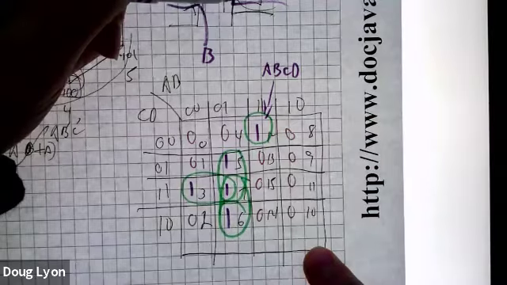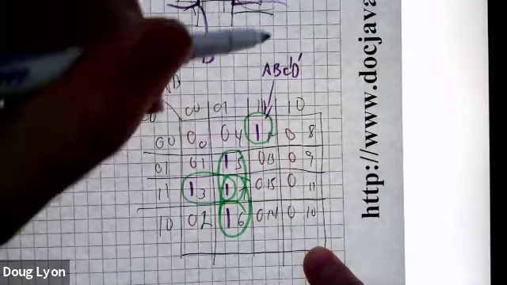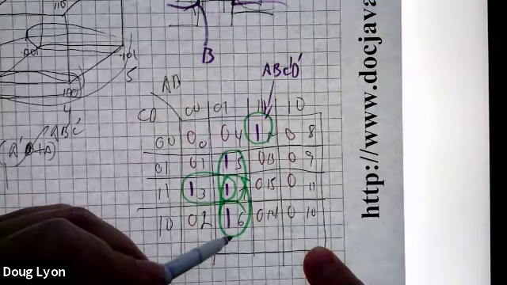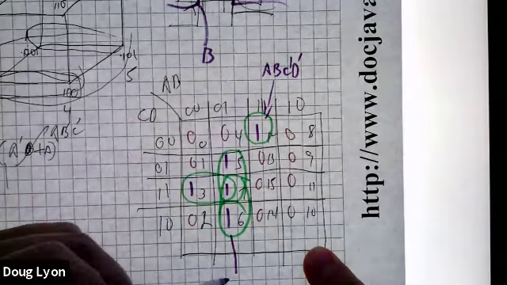So that would be A, B, and then C prime and D prime? Yep, that's exactly right. Want to take a stab at the 6-7 loop?